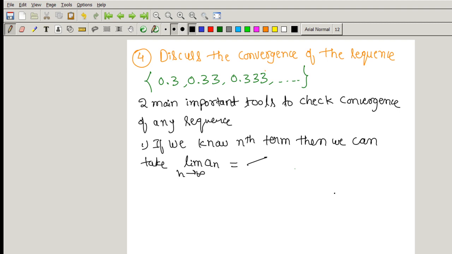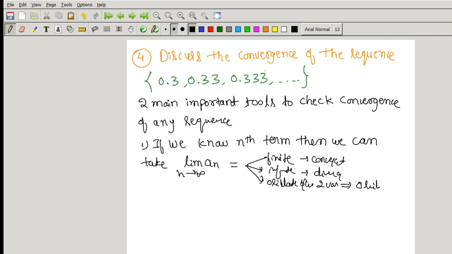If it is some finite value, then it is convergent. If it is infinite, then it is divergent. And if it oscillates between two values, it is oscillatory.